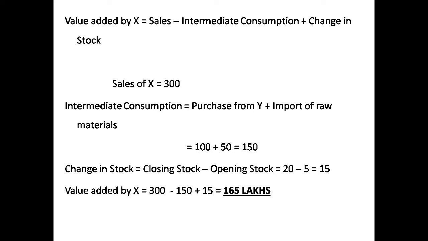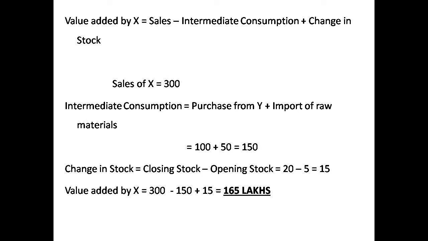So if a firm is making any purchase, that can be considered as intermediate consumption. Here we know that firm X is purchasing from firm Y. So purchase from Y. Firm X is also importing raw materials. These two, if you add, you will get intermediate consumption. Purchase from Y is actually 100. Import of raw material is 50. So altogether we get 150. So intermediate consumption is 150.